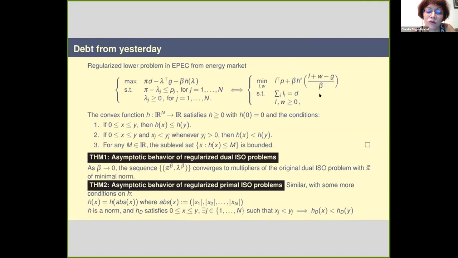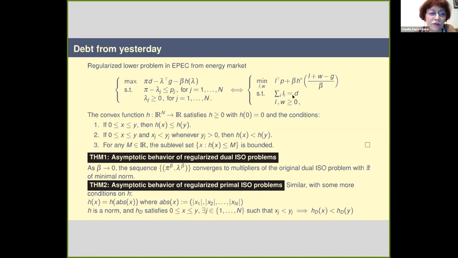So in order to prevent this effect, we propose to introduce in the dual, we wrote the dual of this problem in the lower level, because here everything is linear, there is no duality gap. And then we introduce a penalty that is controlling how large is the marginal rent. The marginal rent is the multiplier.